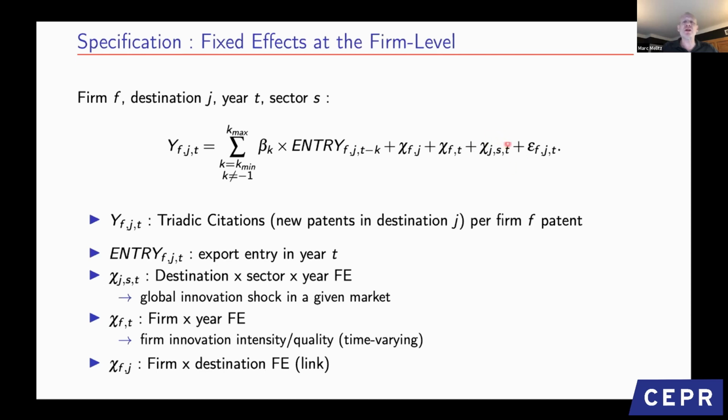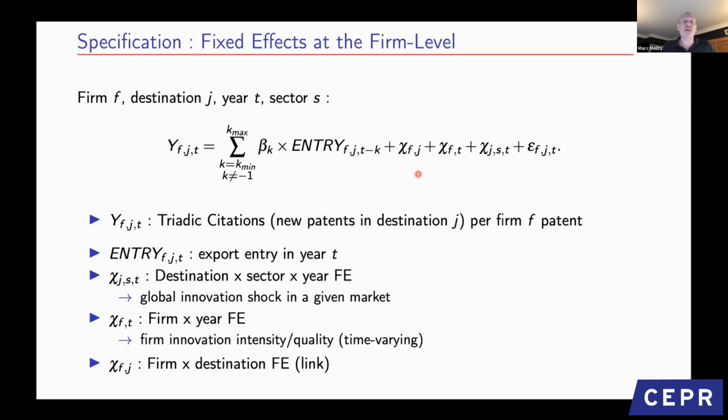So this control here is for anything that can explain an increase in innovation activity in destination J at time t that is in a sector or a patent class related to the patents that this French exporter may be introducing.